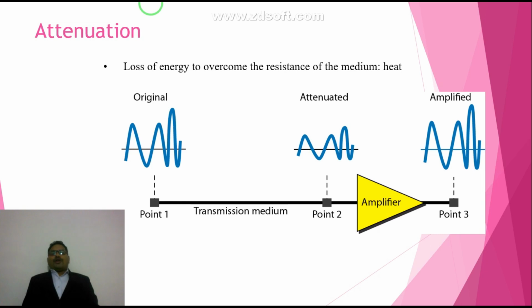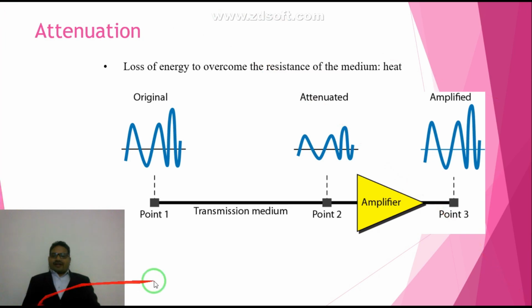In order to overcome the resistance of the medium, the signal has to lose its energy in the form of heat. You may have experienced that when electrical signals are carried through a wire, the wire gets warm, a little bit hotter, due to the loss of energy in the form of heat.